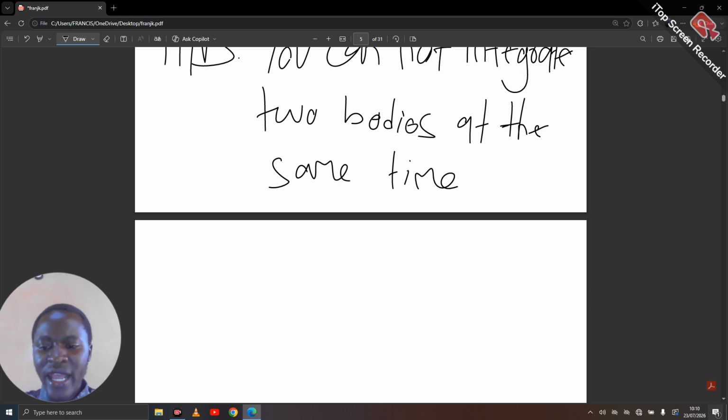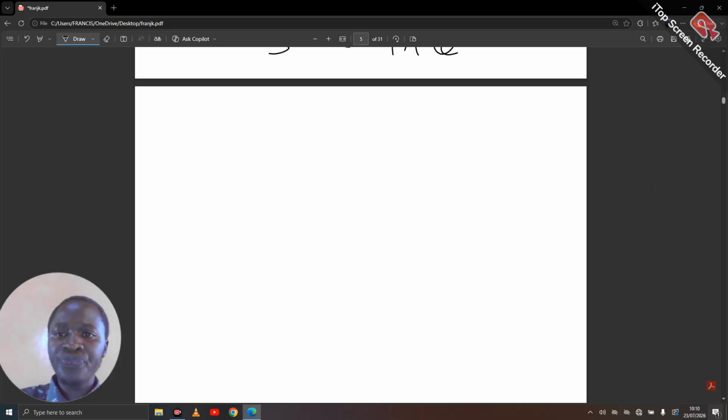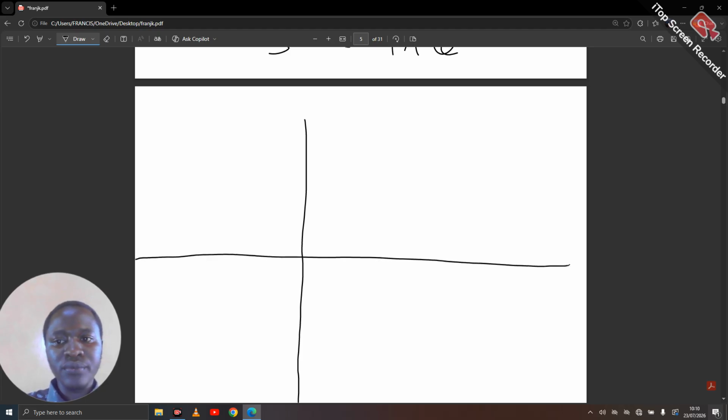Calculate the area under the figure below. Now, a Cartesian plane will be drawn, with Y and X. Then a body runs in this manner.